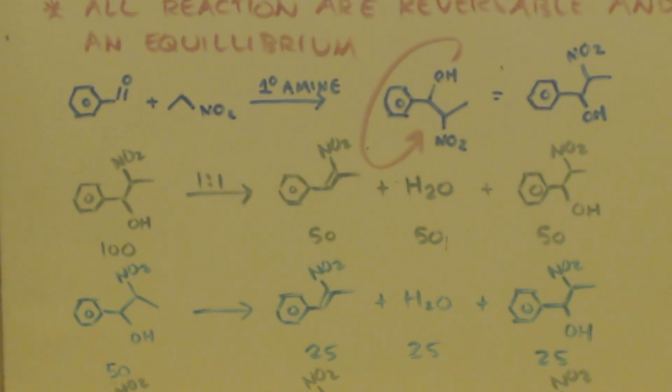But let me read this. One of the features of the Henry reaction that makes it synthetically attractive is that it utilizes only a catalytic amount of base to drive the reaction, so just a small amount. Additionally, a variety of bases can be used, including ionic bases such as alkaline metal hydroxides, meaning sodium hydroxide, potassium hydroxide, alkoxides, carbonates, and sources of fluoride anion.